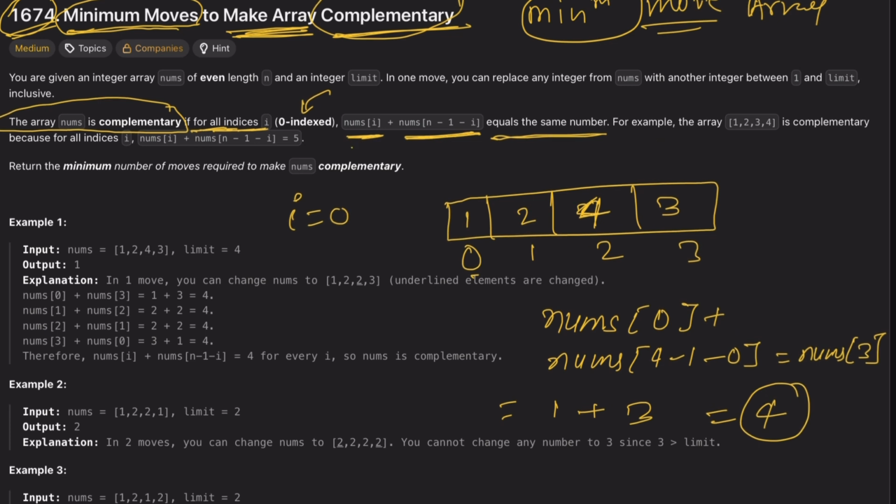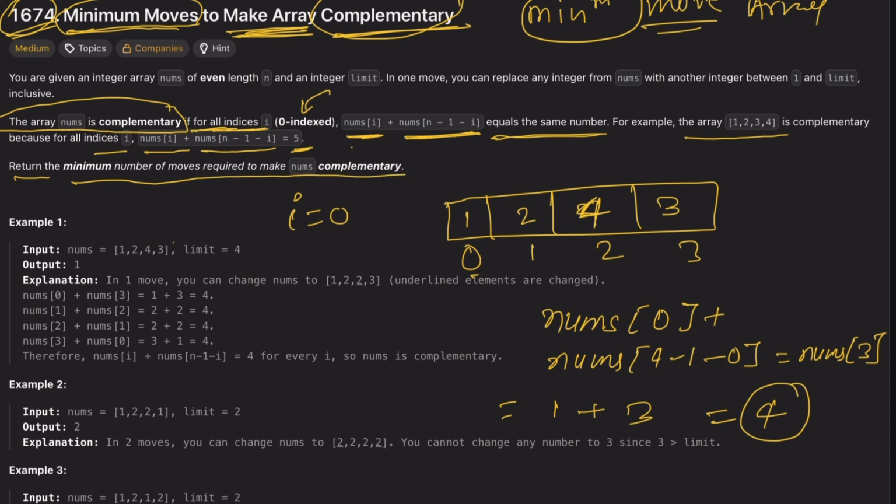If this value equals the same number, for example, the array 1 2 3 4 is complementary, because for the indices i the sum is equal to 5. Understand? So this is why we say the array is complementary. We have to return the minimum number of moves required to make this array complementary.